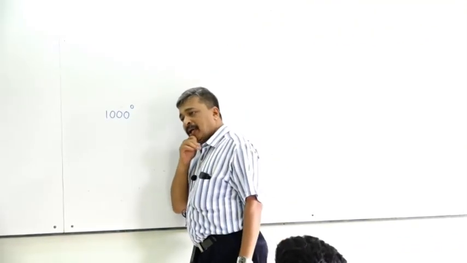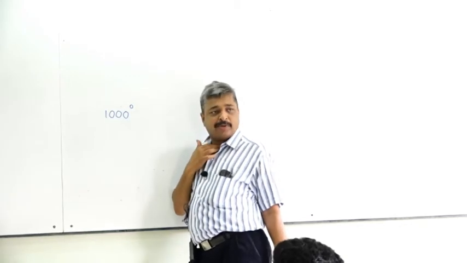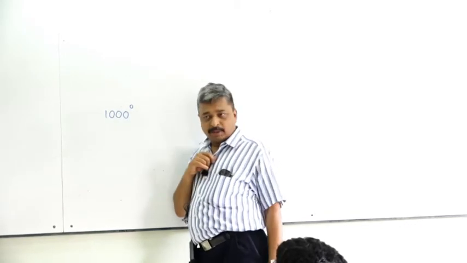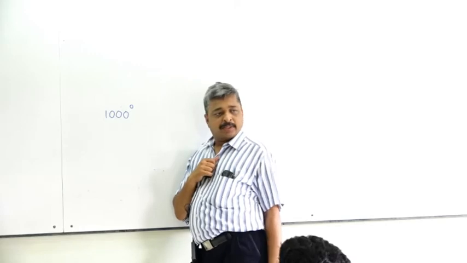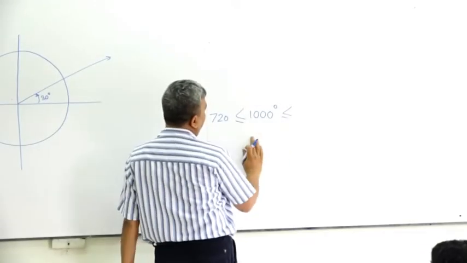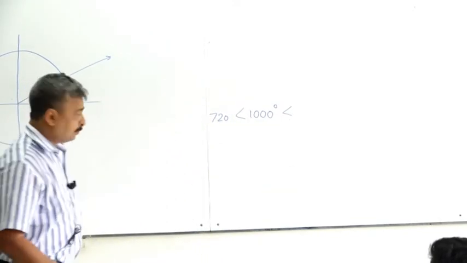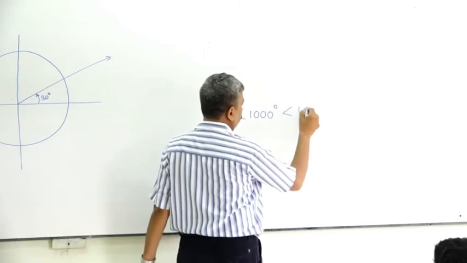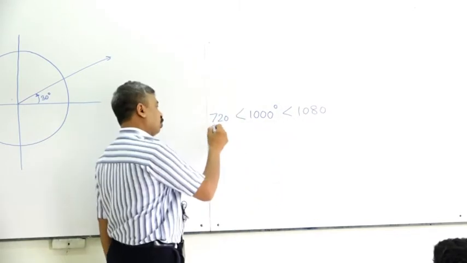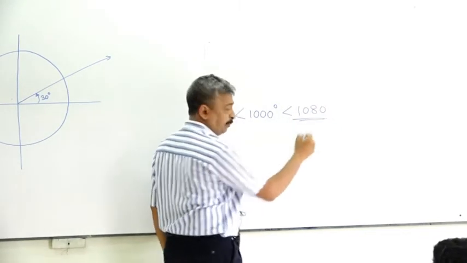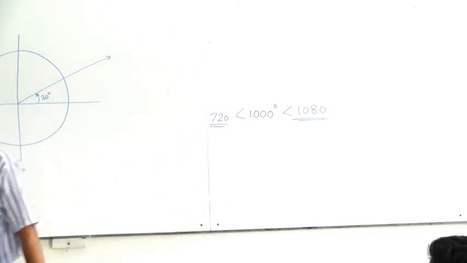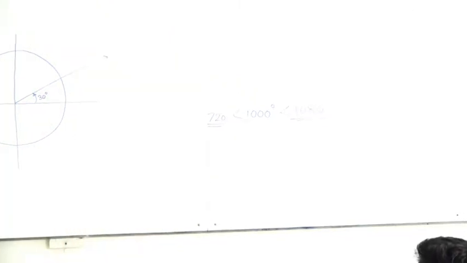Divide by 360. Then what will you get? This is not divisible by 360. So can we say that this 1000 can be caught between 720 and 1080? And what is so good about 720 and 1080? They are multiples of 360.